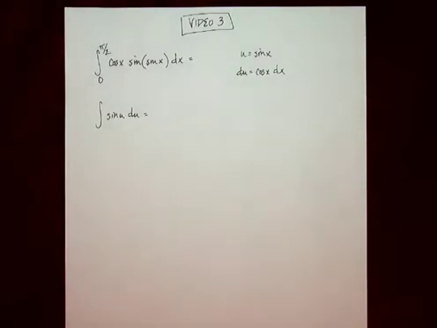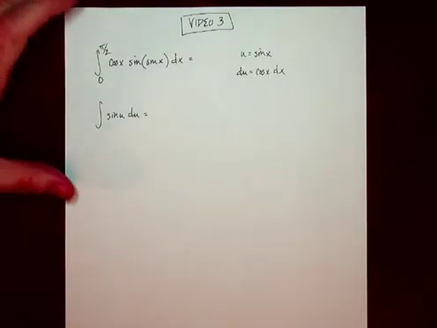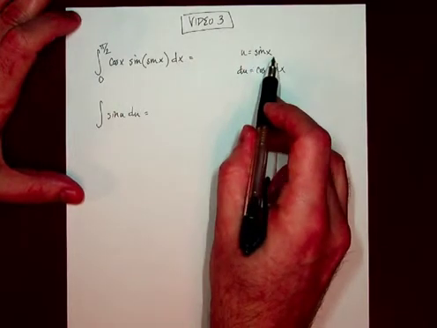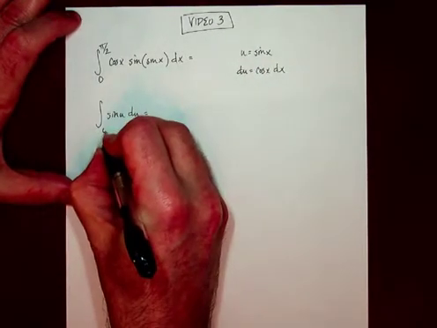Now remember, this is a definite integral. It has limits of integration, and therefore I need to change the limits of integration from being in terms of x to being in terms of u. If I plug in 0 for x, sine of 0 is 0.